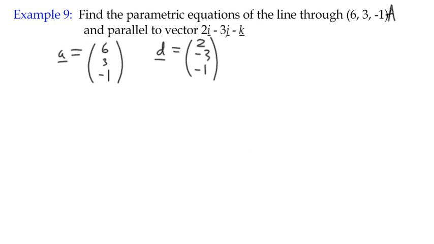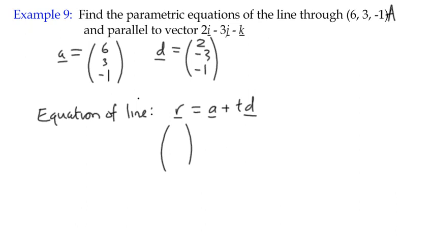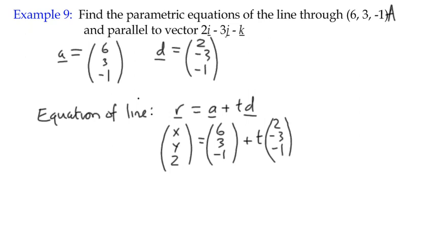Now I still need to construct the equation in vector form. So in vector form, the equation of the line still takes the form r equals a plus t d, which means that if we're expressing r as (x, y, z), a as (6, 3, -1), and d as (2, -3, -1), then we've got our vector equation.